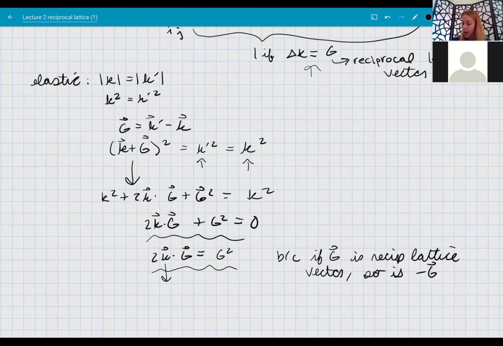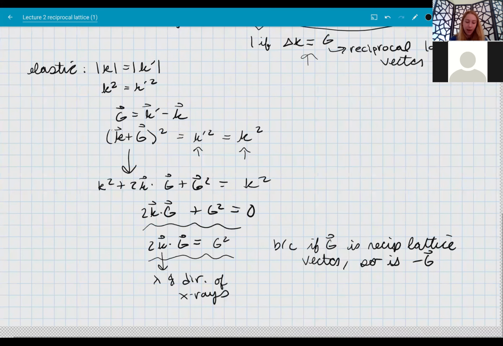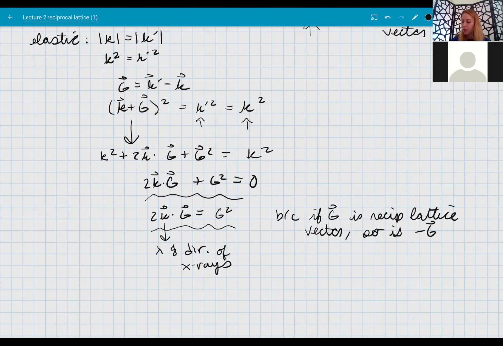So here, k would encode the wavelength and direction of the X-rays, and then there would be select reciprocal lattice vectors where this equation could hold. Okay, so at this point, I want to connect this equation more directly to Bragg's law.